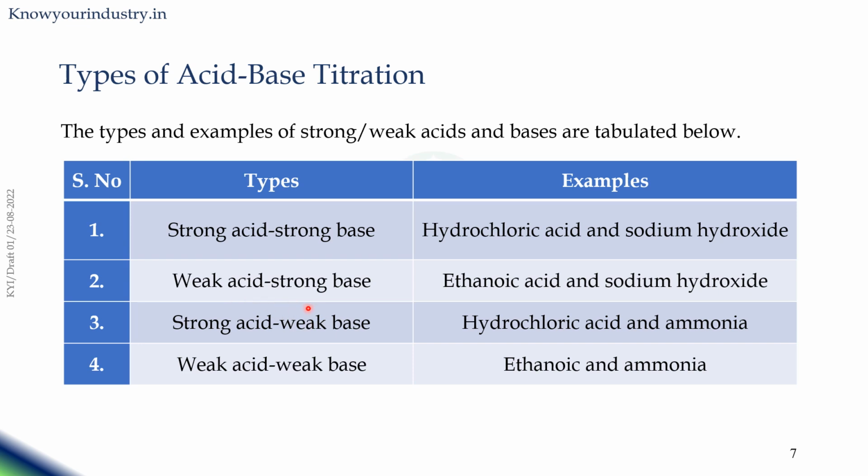In case of weak acid, strong base, you can use ethanoic acid and sodium hydroxide. For a strong acid, weak base, you can use hydrochloric acid and ammonia. Then the weak acid, weak base combination is nothing but ethanoic acid and ammonia. So this is how the combinations are used for different types of acid-base titrations.